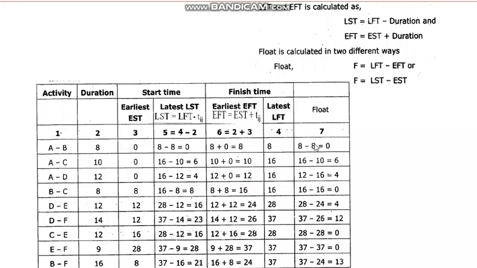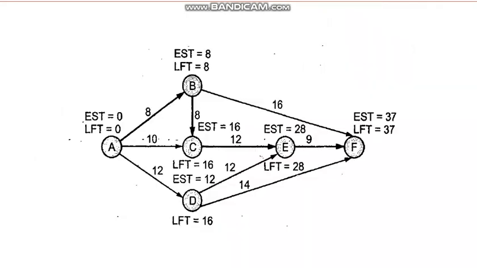AB is having, then BC, then CE, EF. So A, B, C, E, F. You see, this way also you can find out the critical path.